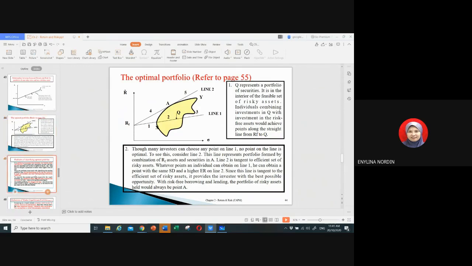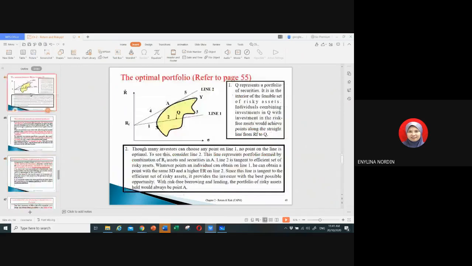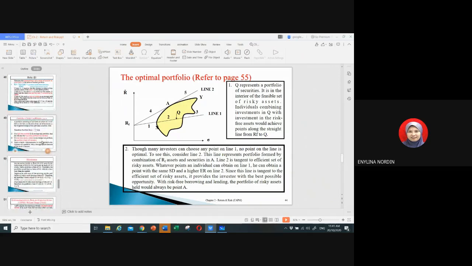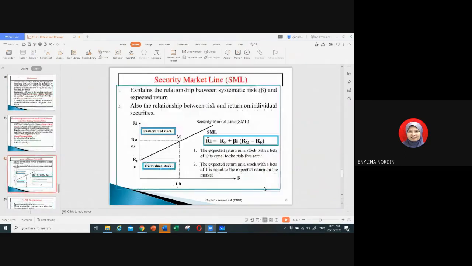Okay. Because the only difference is that this one still uses standard deviation to measure the risk of the portfolio. Okay, and also the standard deviations of the asset. When we use CAPM, right, we no longer use standard deviation, we use beta to measure the risk.